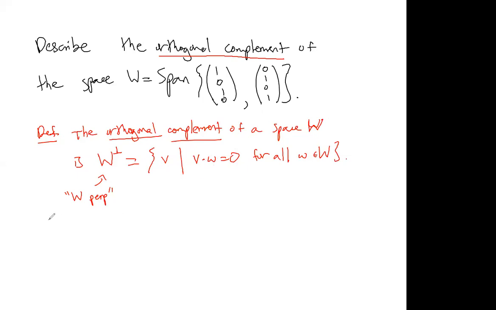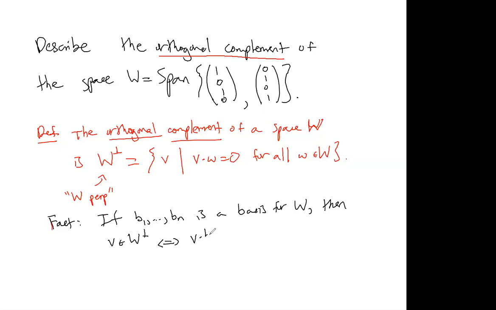Fact: if B1 through Bn is a basis for W, or even just a spanning set for W, then V is in W perp if and only if V dot B1 equals V dot B2 equals dot dot dot V dot Bn, they all equal 0.